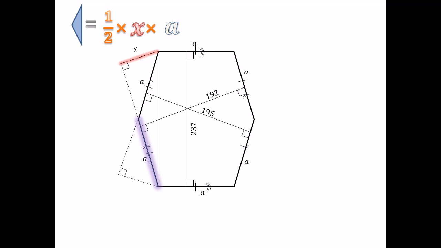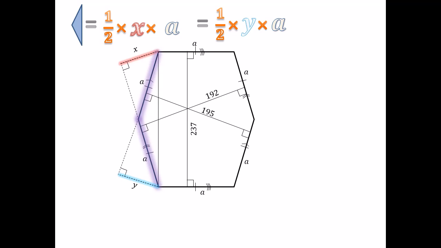Also, by constructing this, we can find the area of this blue shaded region by assuming this blue line Y, which is equal to half Y into A, isn't it?